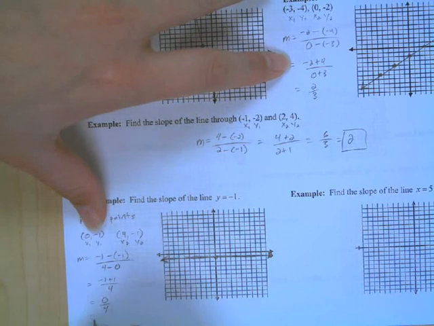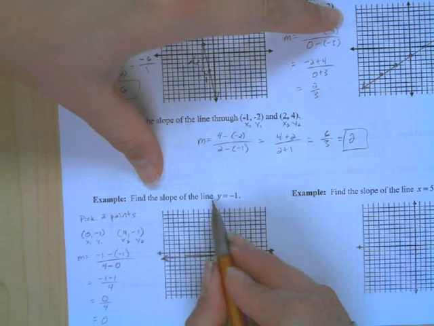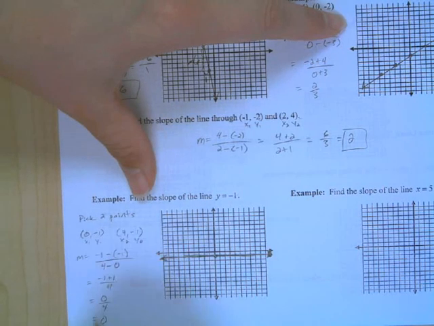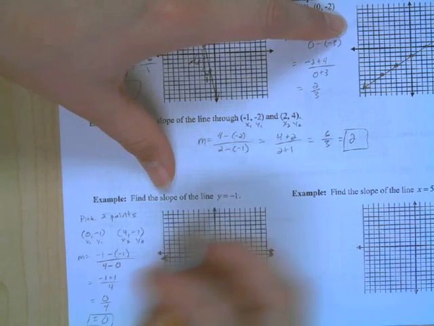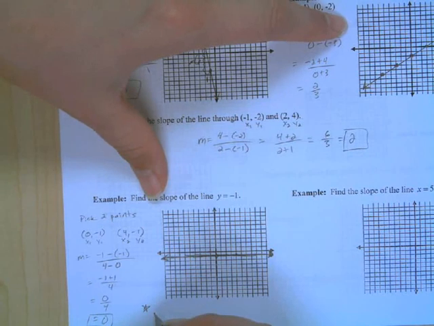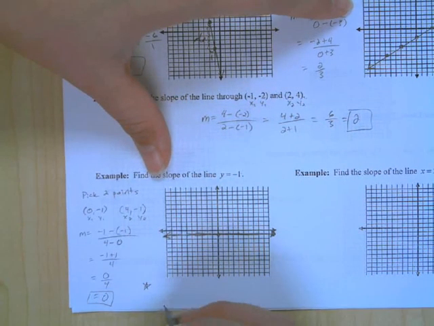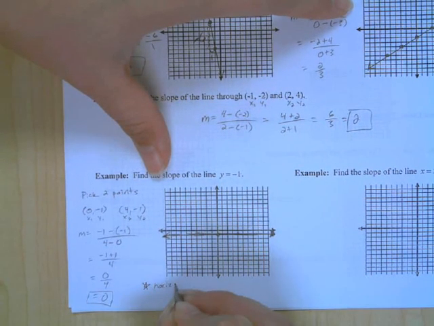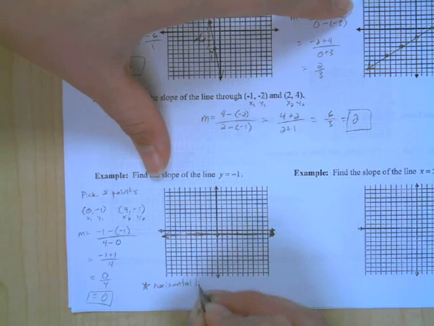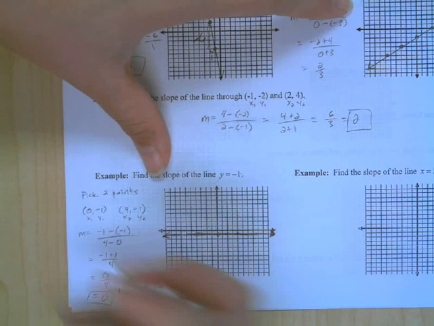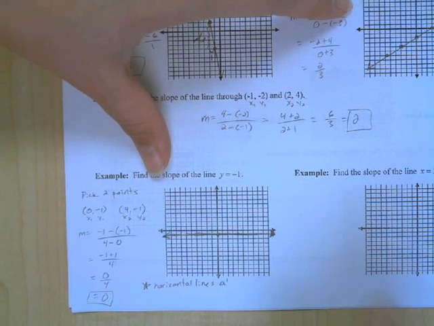So -4 minus 2, positive 5 minus 5, -6 over 0. Okay, well, we've already discussed it. Remember that whenever you try to divide by 0, that's undefined. So since it's undefined, that means the slope of my graph is undefined.